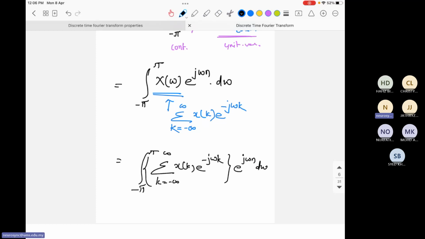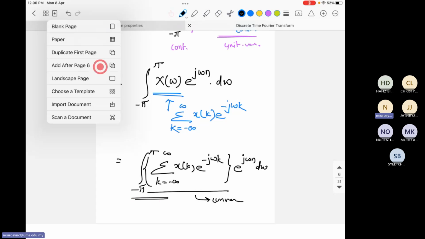Now we have already applied the discrete time Fourier transform, so it is only applicable for a convergent system. Therefore, this summation will converge, and so the integration and the summation we can interchange.